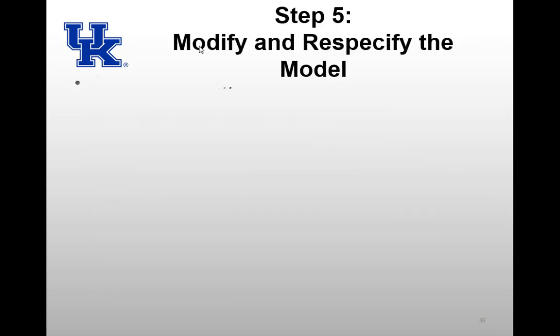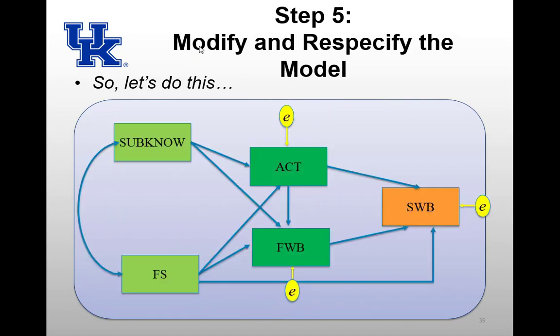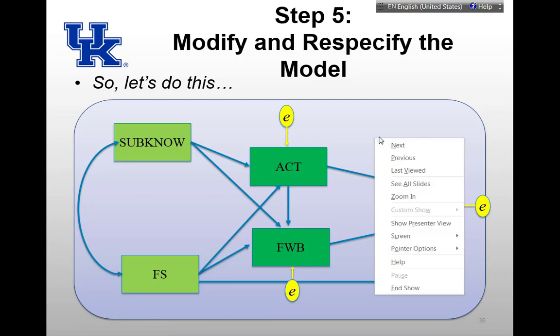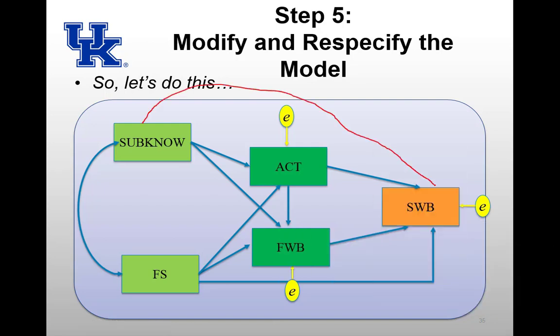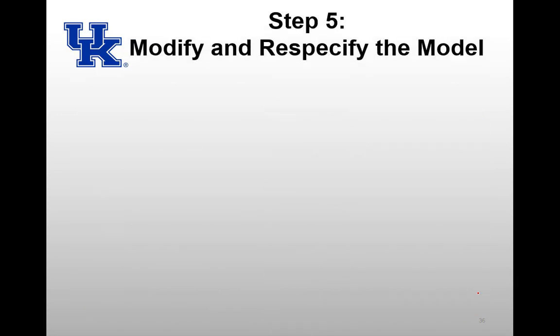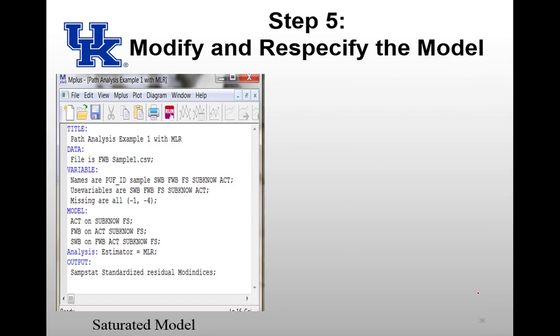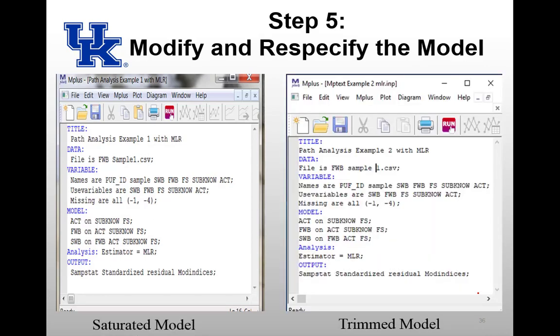So let's do this. There we go. You remember that the path was there, and it's no longer there. We deleted it. Okay. So we compare our two models. On the left side is our saturated model to begin with, and on the right side is our trimmed model.